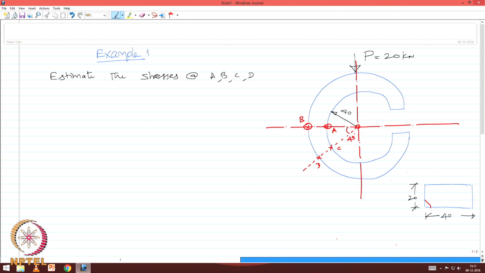In all these problems, it is interesting to first know certain geometric parameters which are important to estimate the stresses.